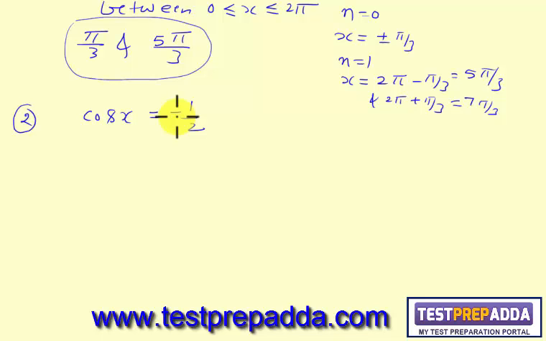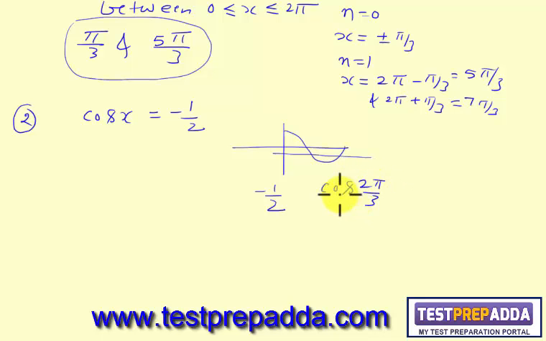Okay, if cos x is equal to minus half, we know minus half is the value for cos 2 pi by 3, or you can say cos 120 degree, between 0 to pi.